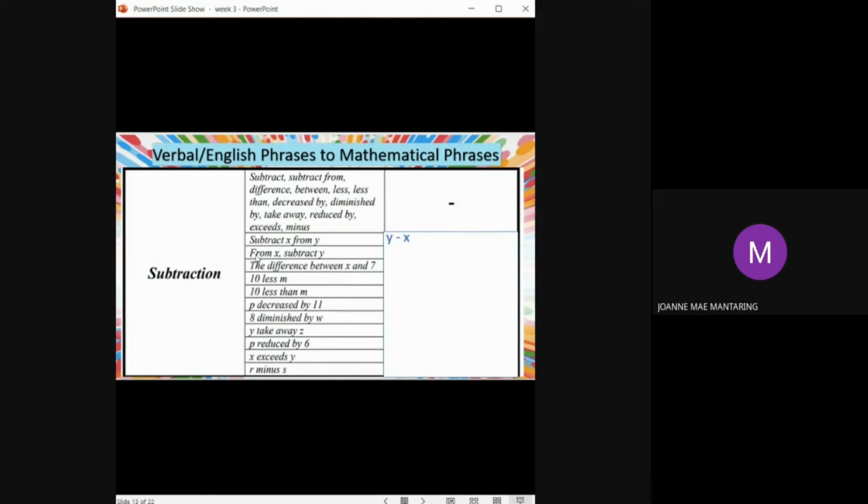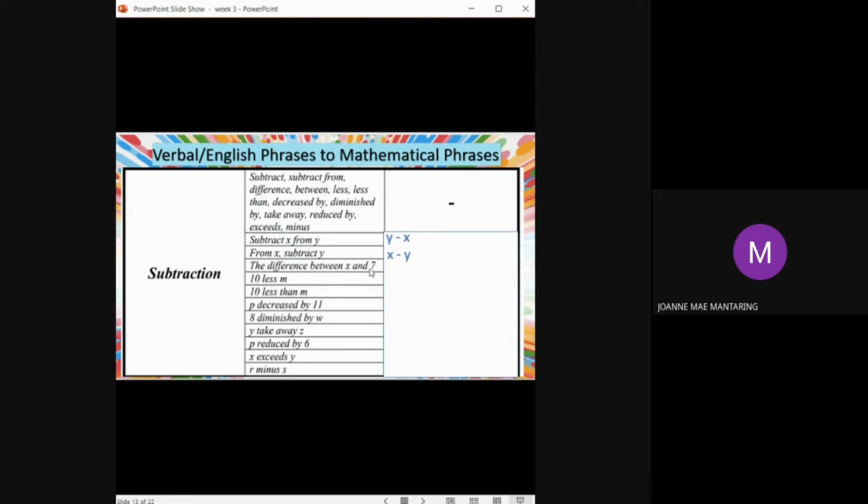Another one, from x, o nauna. From x, after ng from, anong sunod? X. O, di x po ang mauuna. Subtract y. Okay. So the answer will be x minus y. Okay. Another one, the difference between x and 7. Okay.